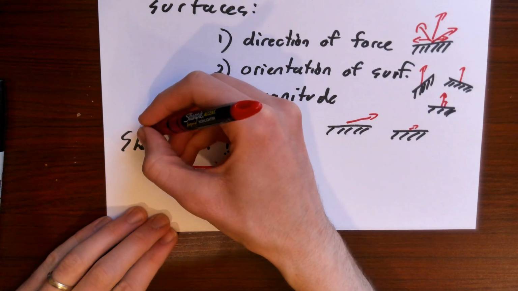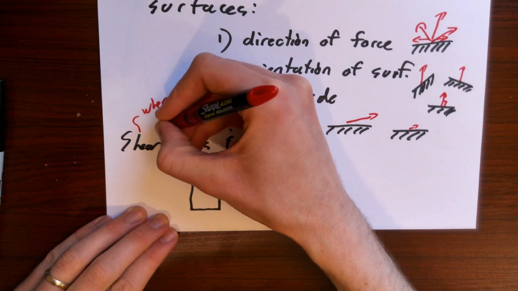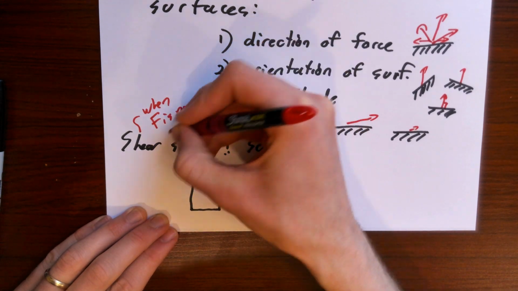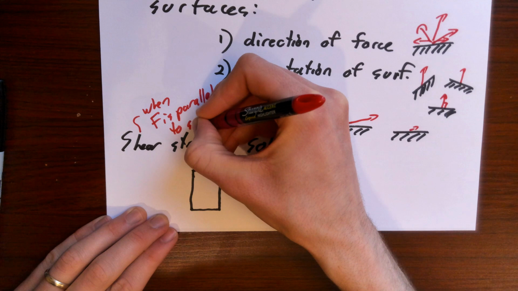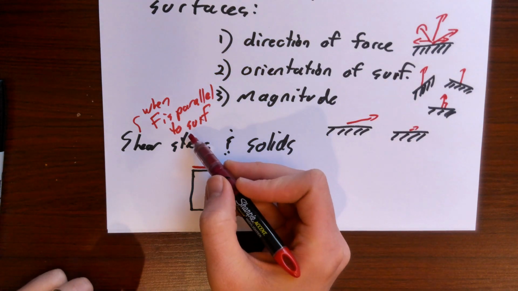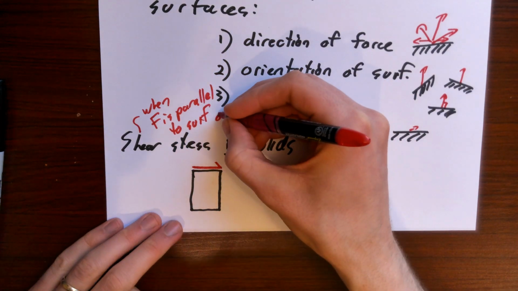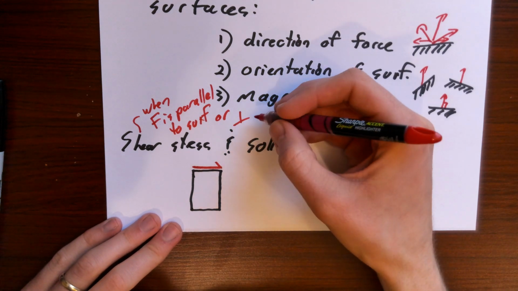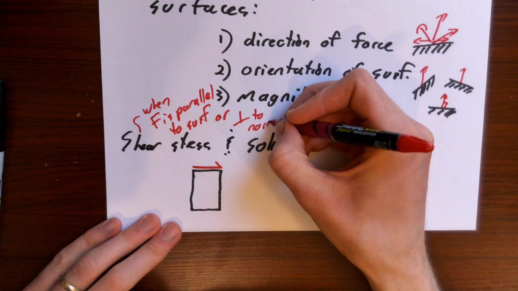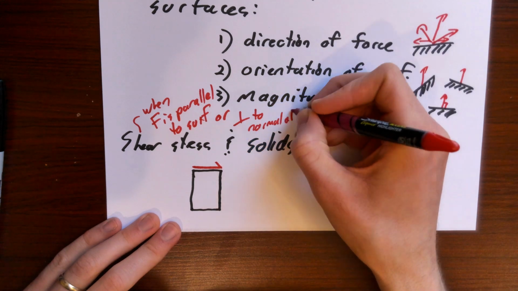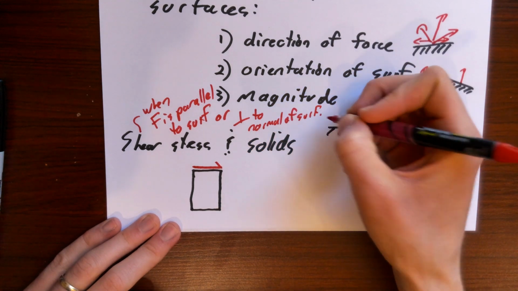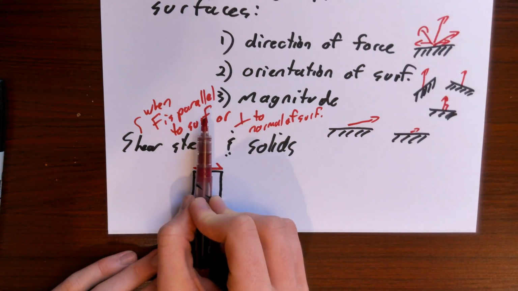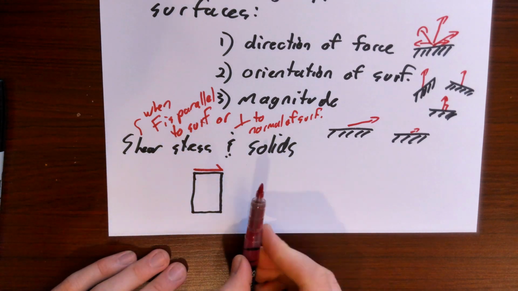So shear stress is parallel to the surface, or in this case, perpendicular to the normal of the surface. Right, so when we think about normals, we think about a perpendicular to the surface. If we have a force that's perpendicular to the perpendicular, then it's parallel.